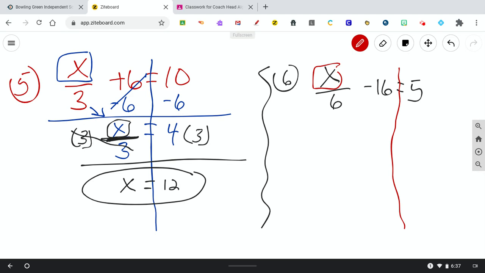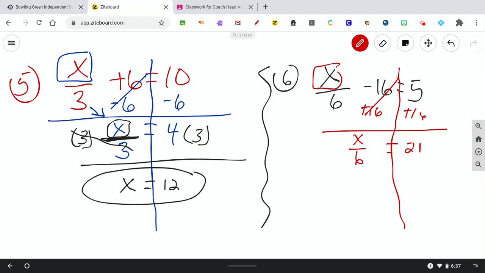Okay. So what do I do first? I'm going to add 16 on both sides. Okay. That cancels. All right. 5 plus 16 is 21. And I bring down the x over 6.